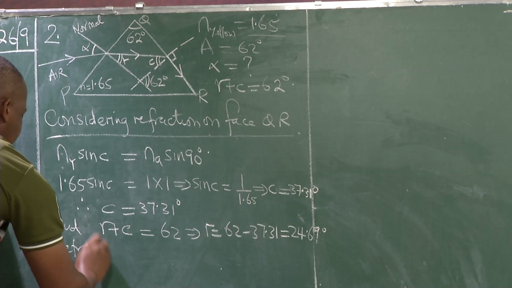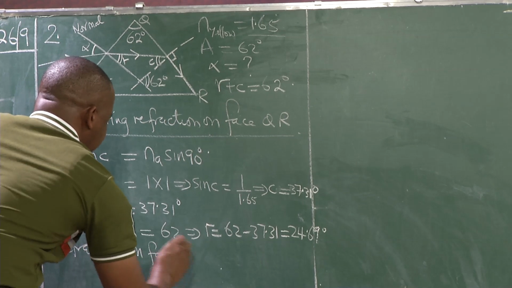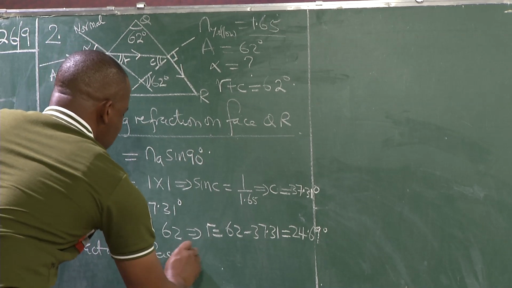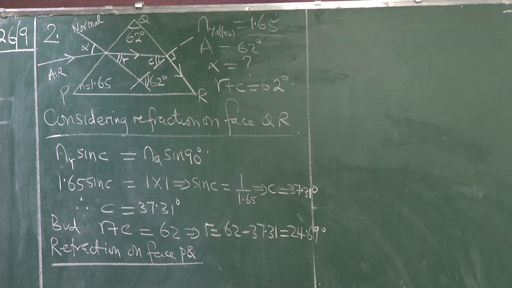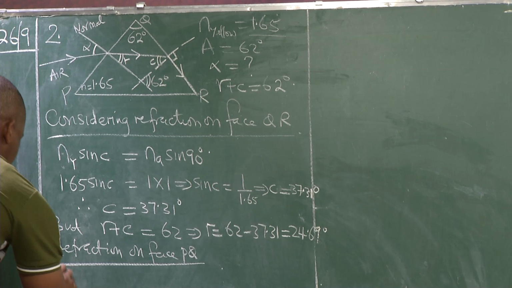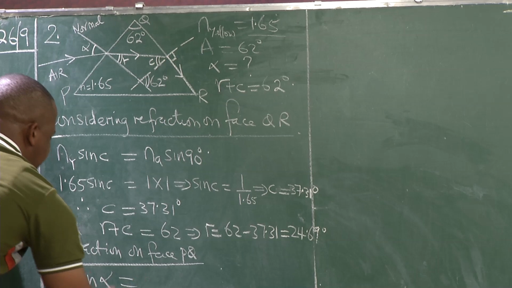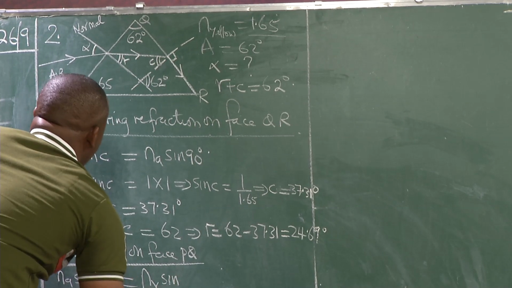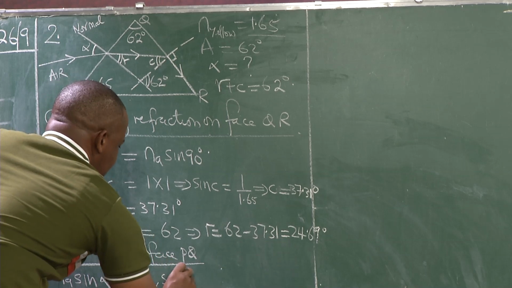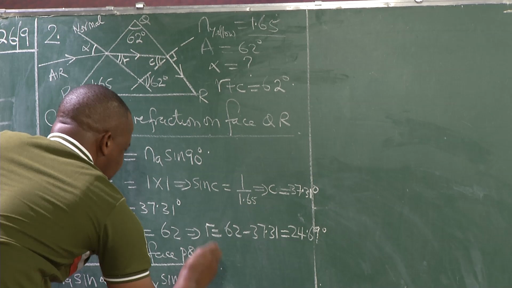Refraction on face PQ will now give us n of air times the sine of alpha, which we want, should be equal to n of yellow light times the sine of R, which is the sine of 24.69.